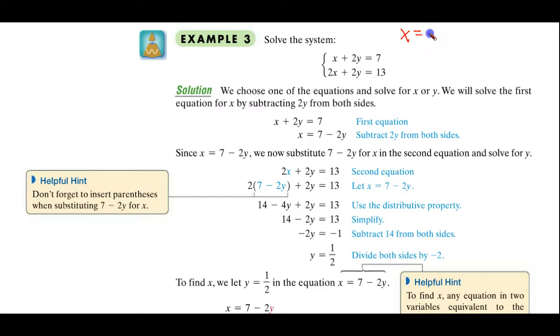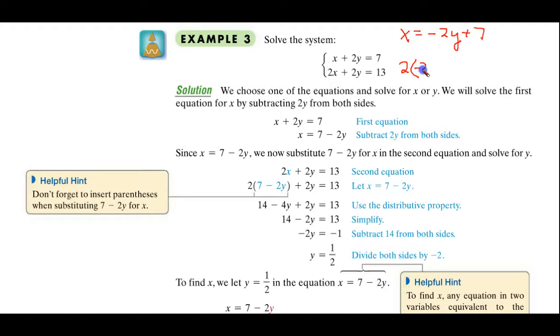Transpose, that becomes a negative 2y plus 7. I just took my 2y from this side, transposed it to the other side, changed its sign. Now I get 2 times, what did I say x was?